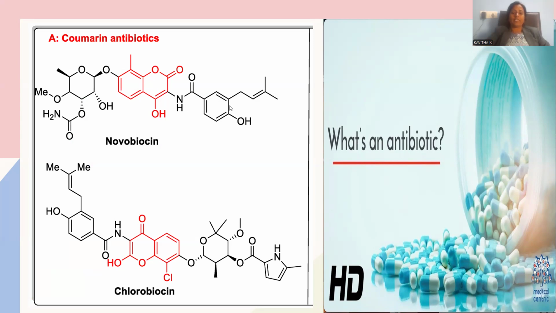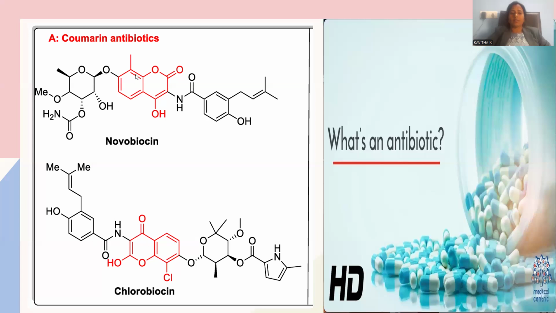And here is the amide linkage to benzene, and the benzene has a side chain alkyl with olefinic functionality, and a hydroxyl functional group is also present on this benzene ring, and this coumarin is linked with an ether linkage between this coumarin and this pyran ring once again, and here an ester linkage is located, which is said to be novobiocin. Novobiocin is a most effective antibiotic, effective against bacterial infections, and you can even incorporate chloro functionality over this benzene ring of coumarin, so that intensified activity towards disease treatment is possible in terms of antimicrobial activity. That is said to be chlorobiocin.